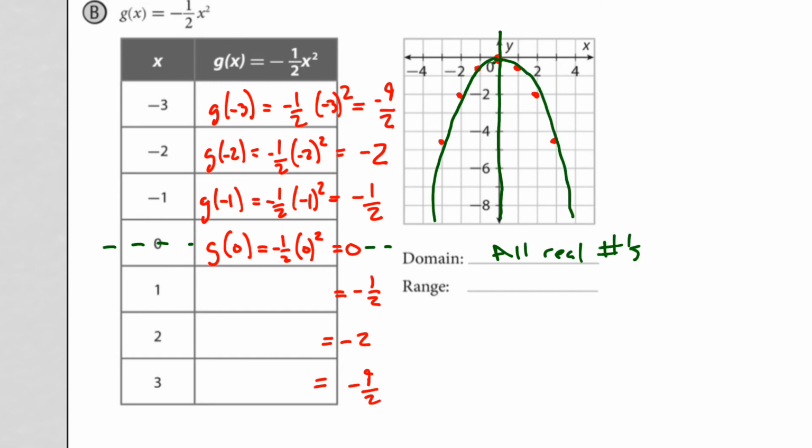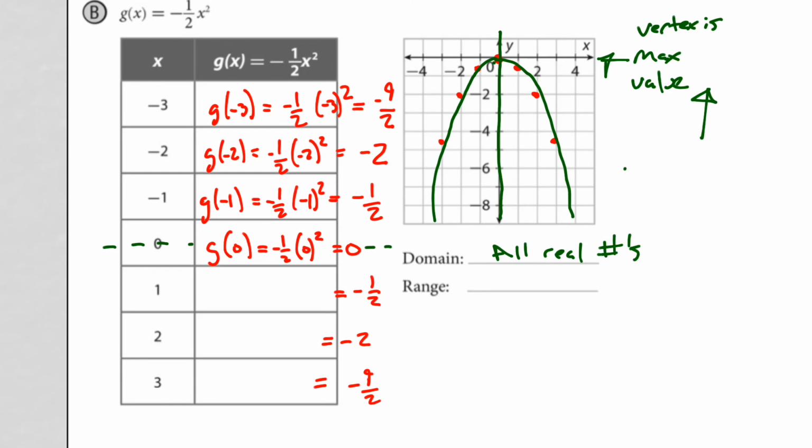What's our range, right? In this instance, the vertex is basically a max value, right? This function will never go higher than the vertex, which makes the vertex the maximum value of the function.